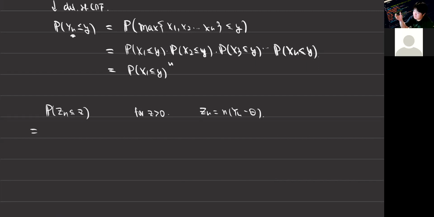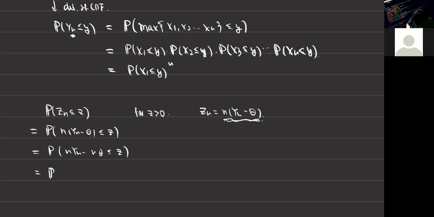That's the definition, so we have to use it. Why don't we just plug it in? If you plug in whatever this is, you're going to get n times (Yn minus theta). Good? You follow? Okay.